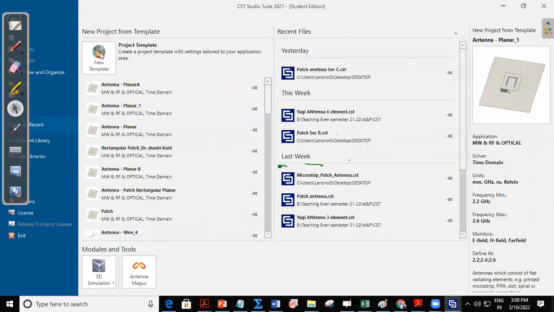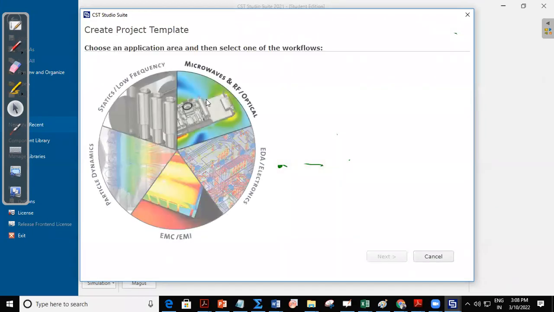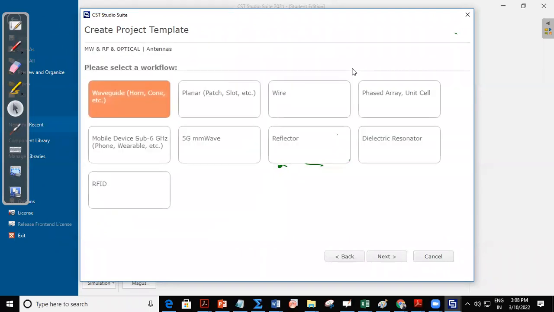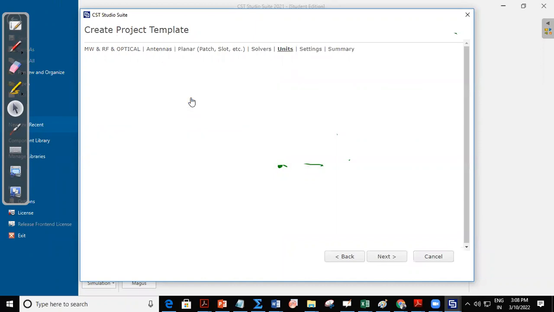So it is my Studio Suite. Go to Antennas. Select My Antennas, and here planar or patch antennas, time domain.